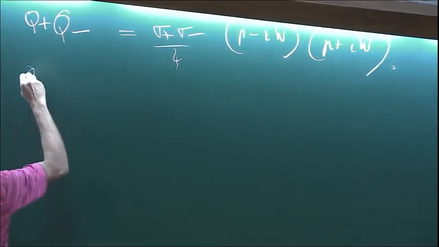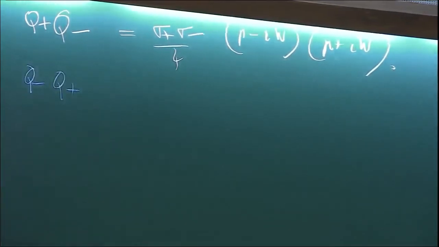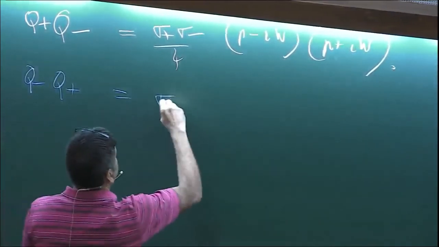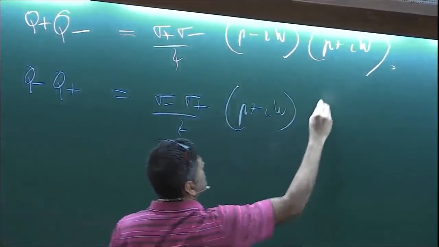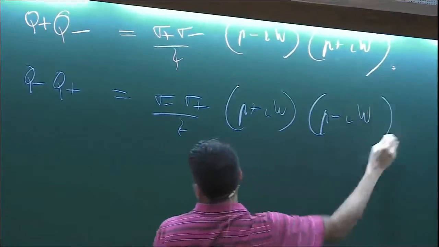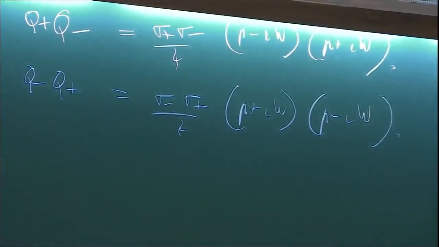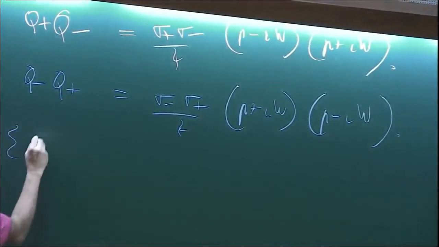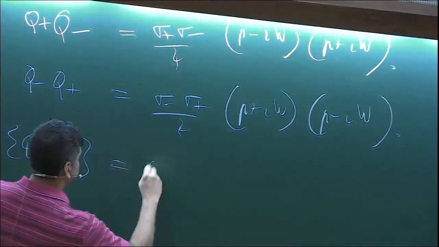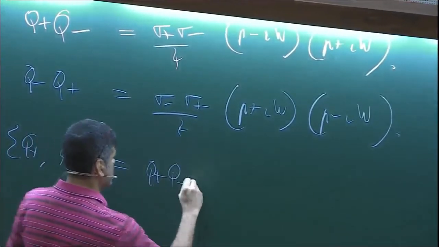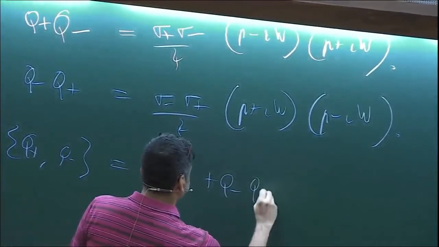What about Q minus times Q plus? Okay? This is sigma minus sigma plus by 4 in a P plus iW into P minus iW. Okay? So what? Now, let's look at the anti-commutator, Q plus, Q minus, which by definition is Q plus Q minus plus Q minus Q plus.